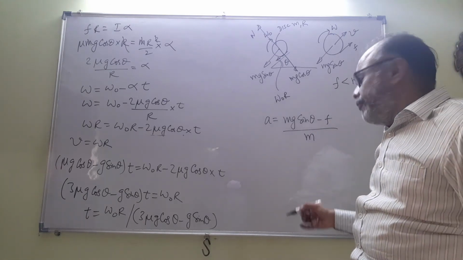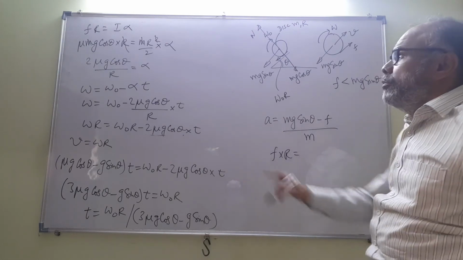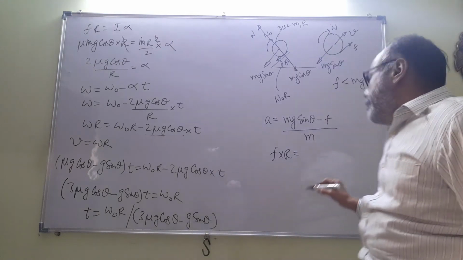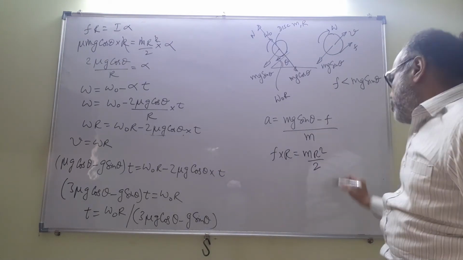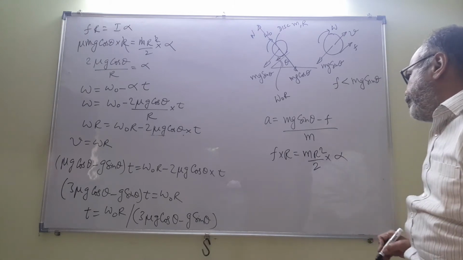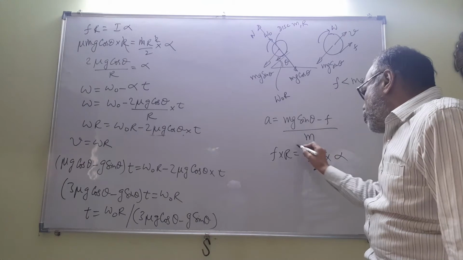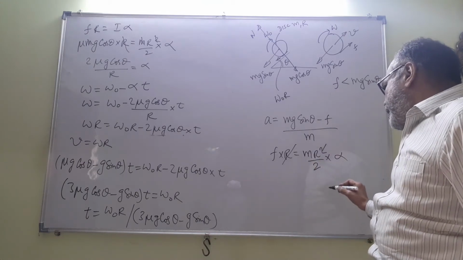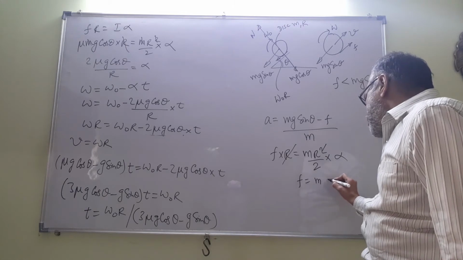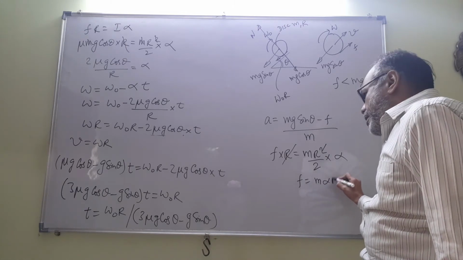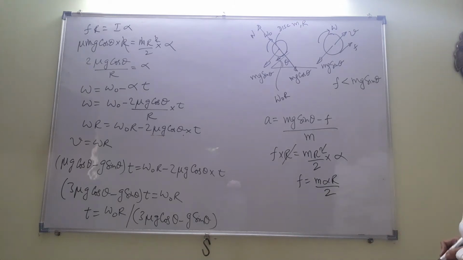What about the alpha? The torque F into R is going to be mr squared by 2 into alpha. So R cancels, and you have F equal to m alpha R by 2.